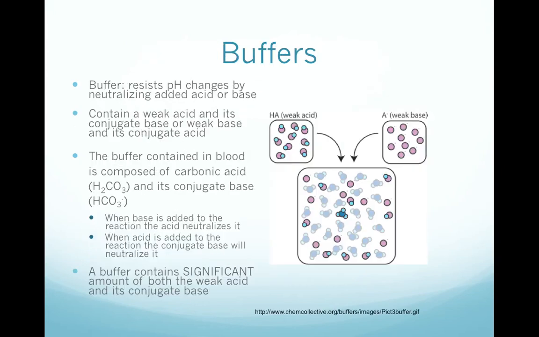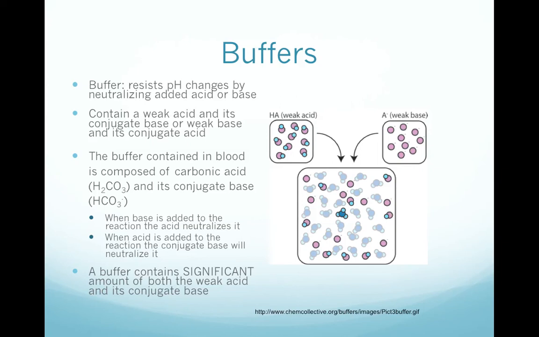Anyway, let's look a little bit into buffers. The chemical in our blood that is a buffer is carbonic acid. What a buffer is, you literally have a weak acid and a weak base in two different beakers, and you combine both of these into one beaker, or in the case of our blood, one system.